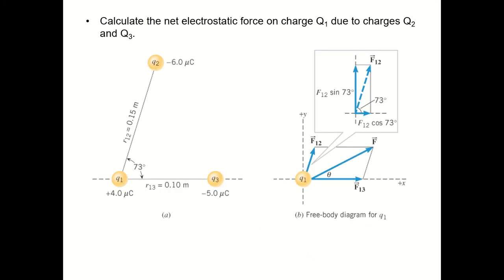Okay, next example is you have here three charges. Q1 is 4 microcoulomb, Q2 is minus 6 microcoulomb, and Q3 is negative 5 microcoulomb.